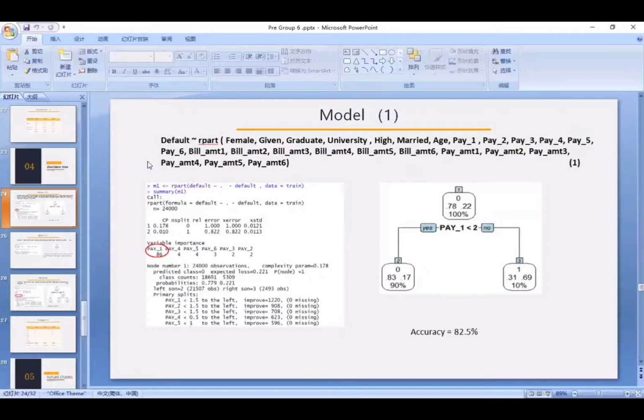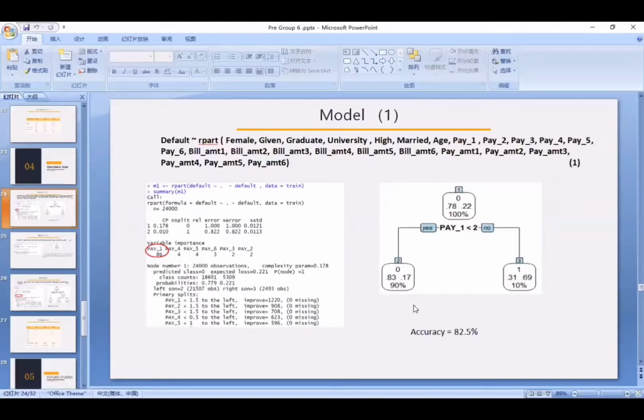Therefore, P1 is a feature for us to judge whether a user defaults on a loan. If P1 is less than 2 and we choose the node number 2, the user will not default on the loan 83% of the time.